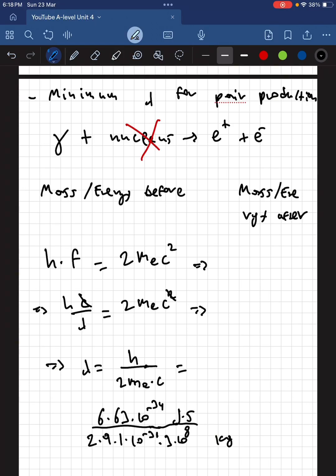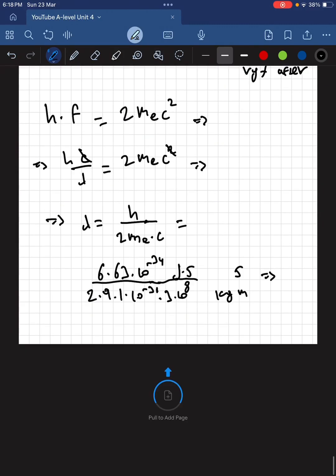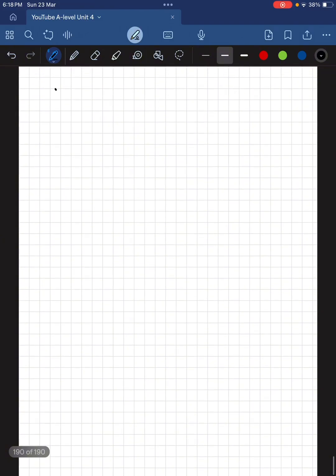And we have kilograms, meters, seconds. So this all boils down to lambda equals 1.21 times 10 to the negative 12 meters. So 1.21 picometers.